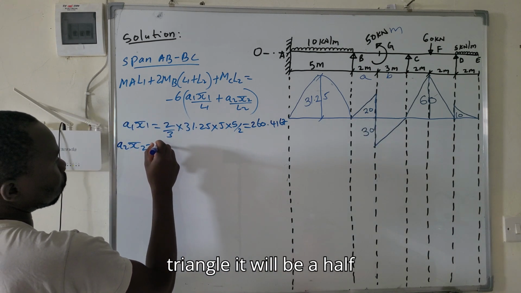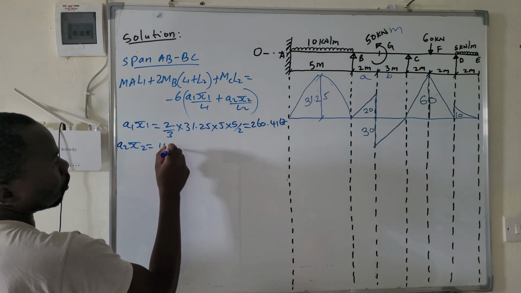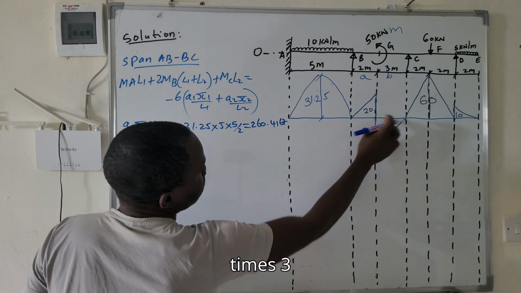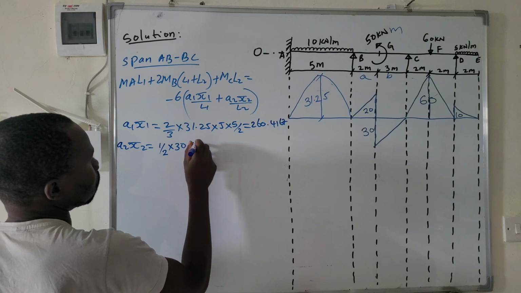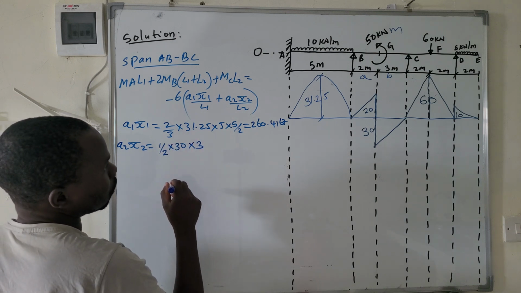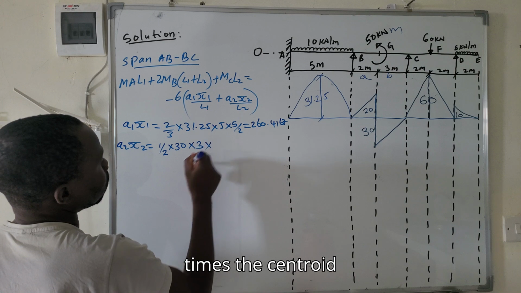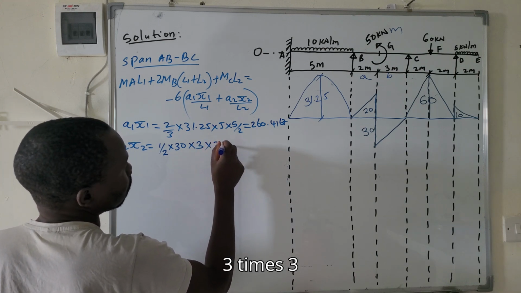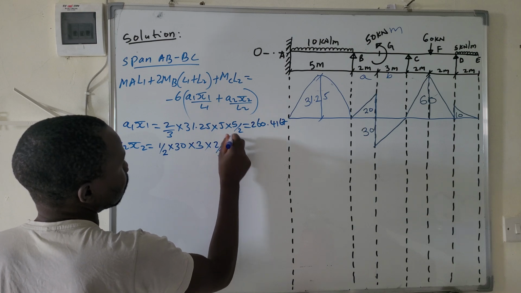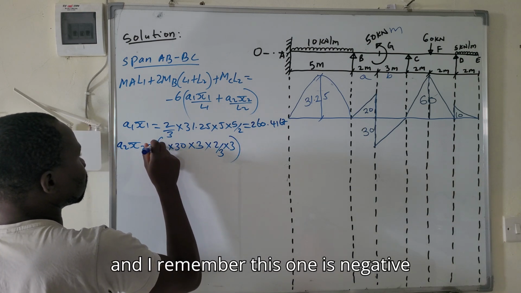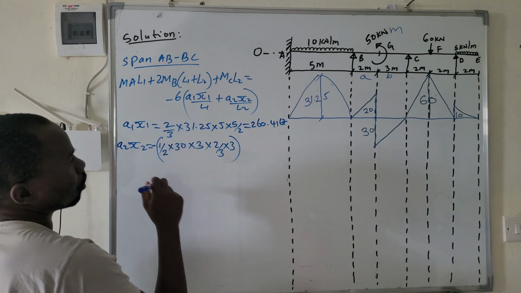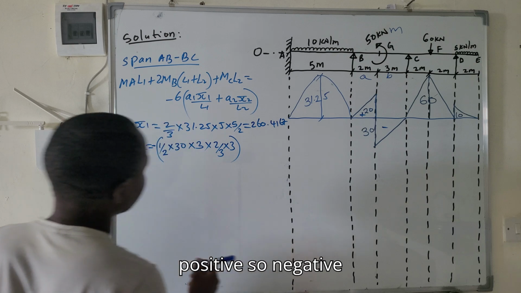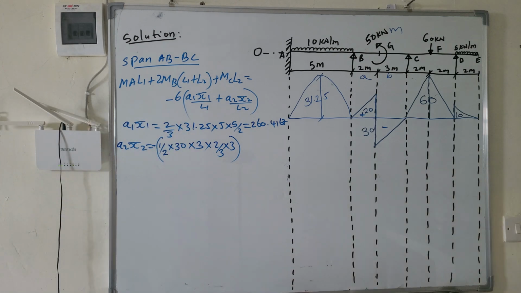It will be a half times 30 times 3 times the centroid, which is 2 over 3 times 3. And then remember, this one is negative, because this one is negative, positive. So negative, like that.